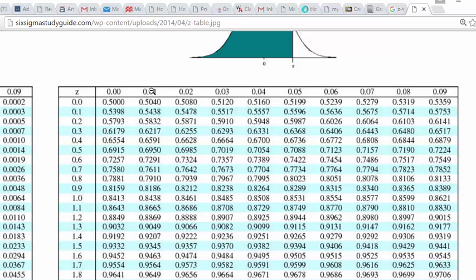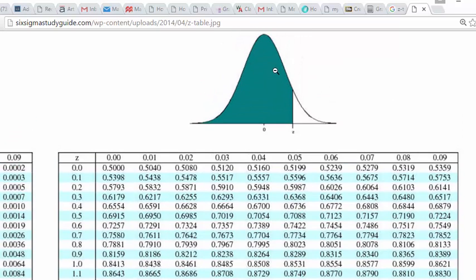The corresponding probability for the z-score 1.01 is going to be the number 0.8438. What is this probability? This is the area of the curve to the left of the z-score 1.01.